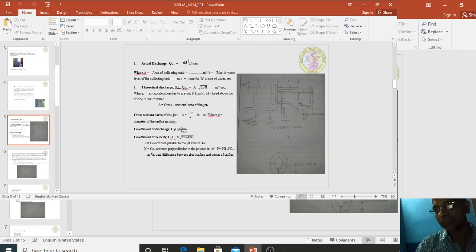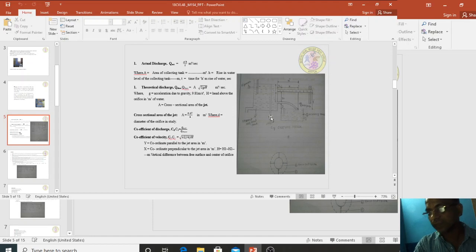Q actual is equal to AH by T, where A is the area of the collecting tank in meter square, H is the rise of water level in the collecting tank, and T is the time for H rise in water level. Theoretical discharge, Q theoretical, is equal to A into root of 2gH, where g is acceleration due to gravity, H is the head above the orifice in meter, and A is the cross-sectional area of the jet.